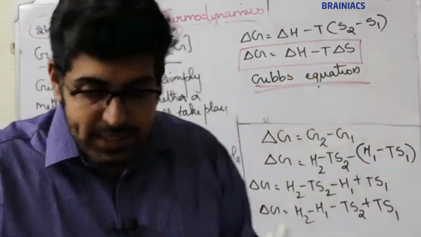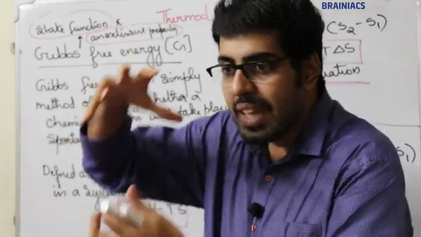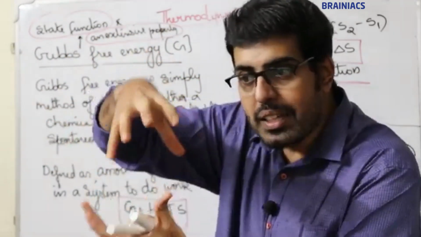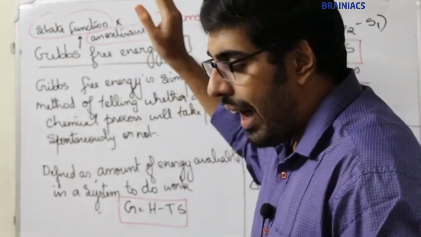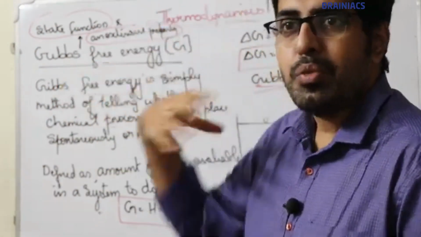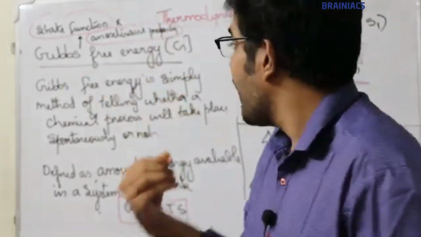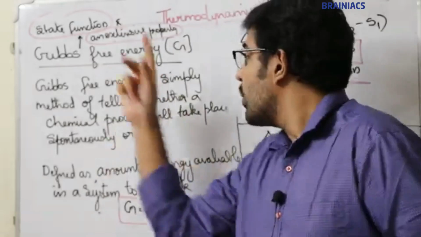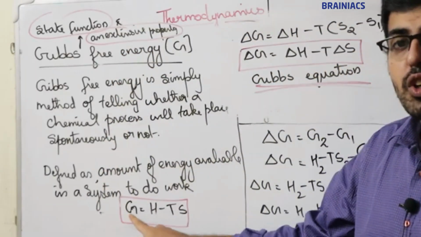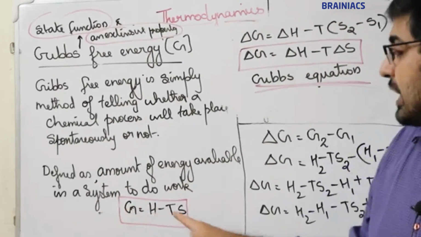So what is Gibbs free energy? Gibbs free energy is the total energy available in a system to do some work or process. In thermodynamics we study Gibbs free energy in order to predict whether a reaction is spontaneous or not. Gibbs free energy is calculated using this equation, G is equal to H minus TS.